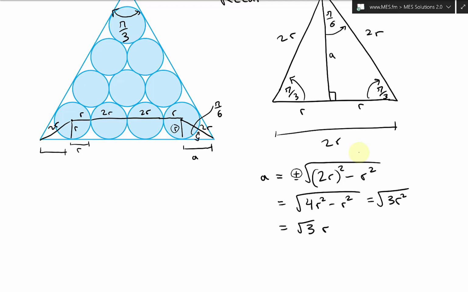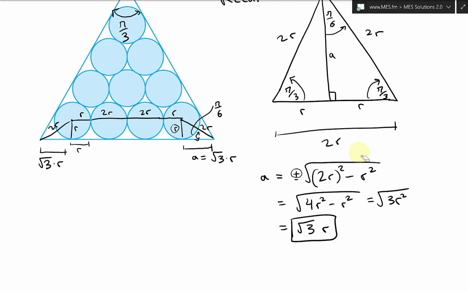So that is our a. So we know that that full length is there. So now we can solve this. This a is equal to square root 3 times r. And similarly on this side here, square root 3 times r, like that.